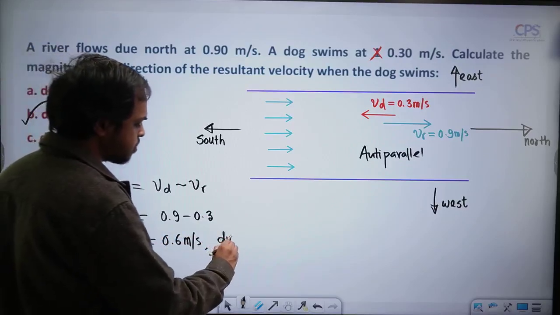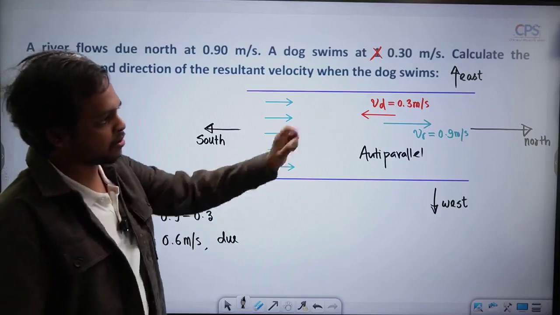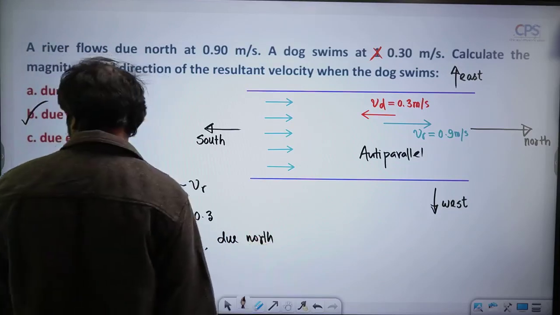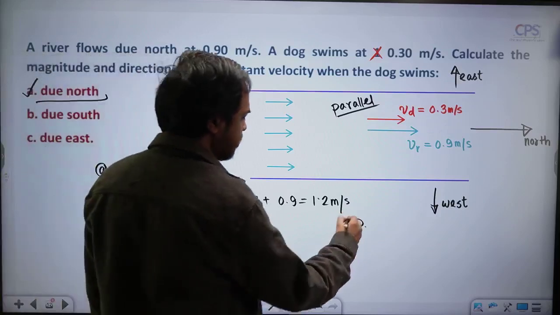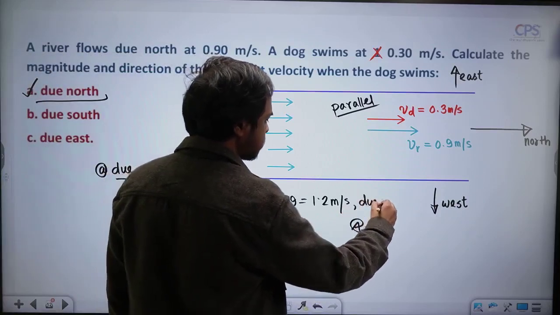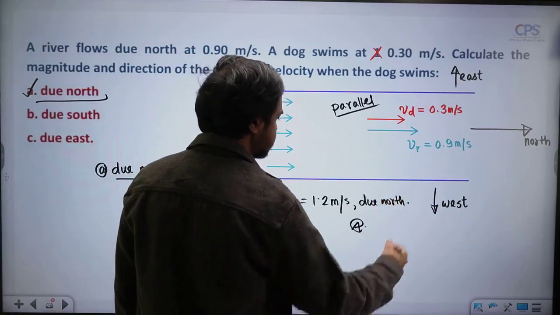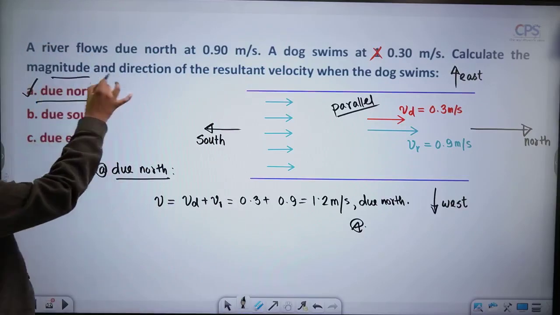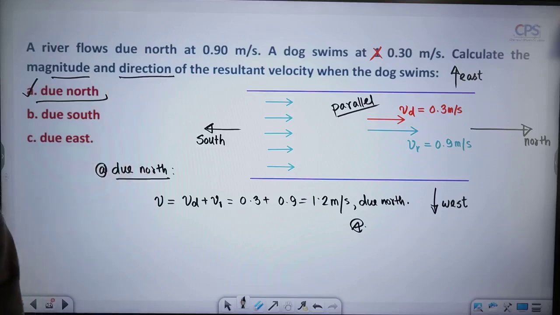It is due the bigger one. Which is the bigger one? River velocity. So due north. I forgot to add the direction, due north as well. So you have to specify magnitude and direction, both. See, this is given here.